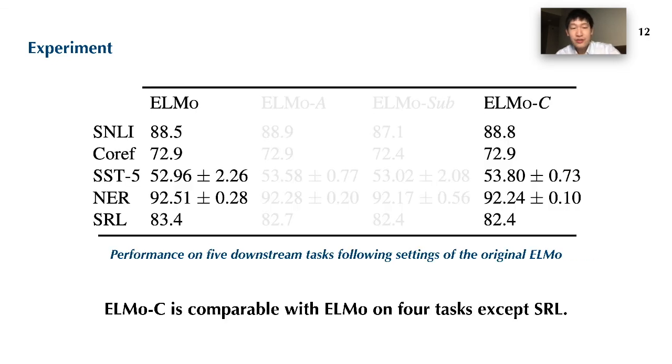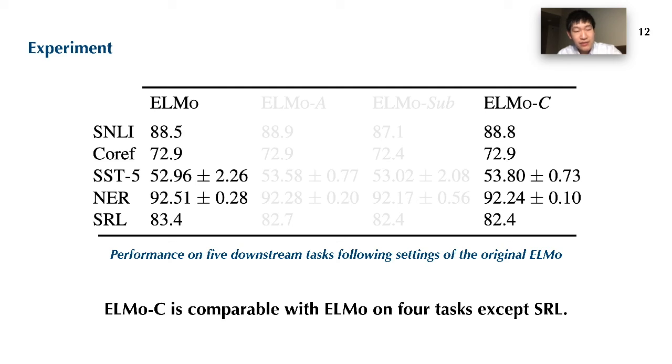Being drastically faster, we test whether the model's performance will degrade as contextualized representations. Thus, we transfer the trained ELMo embeddings to downstream tasks and compare the performance. We follow the setting of the original ELMo and test on 5 NLP tasks: SNLI, Coref, SST-5, NER, and SRL. We find that ELMo-C is comparable to ELMo on 4 of them, except on SRL.